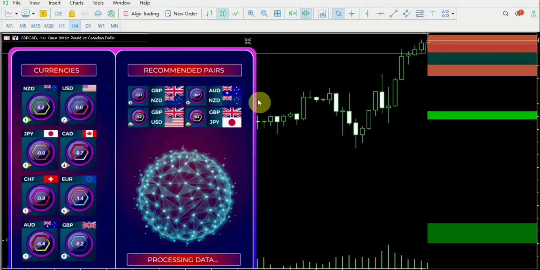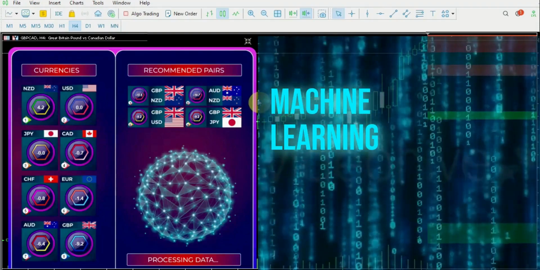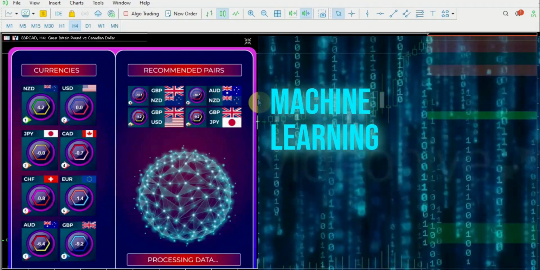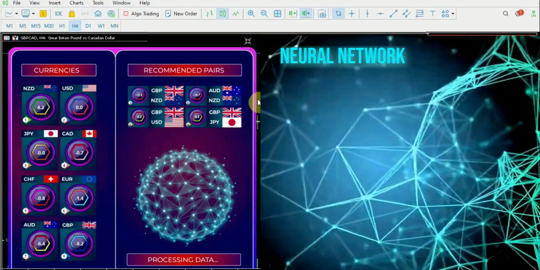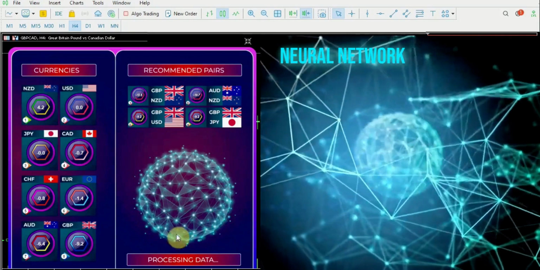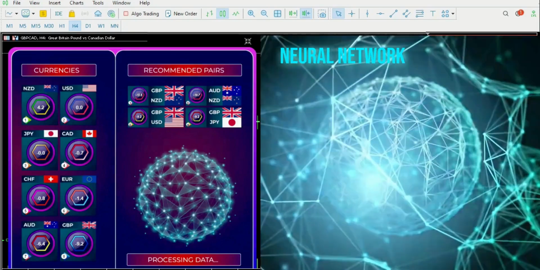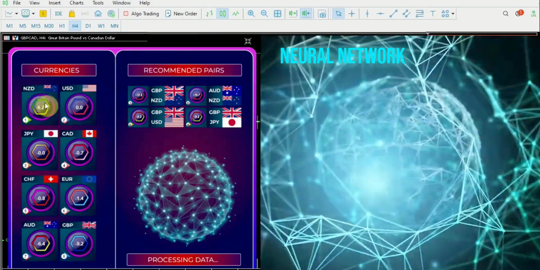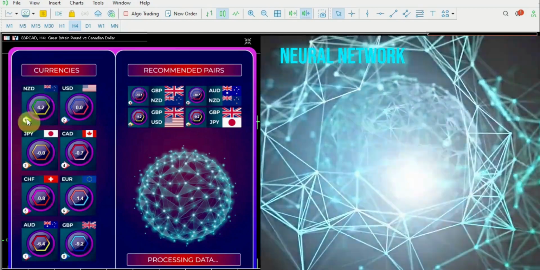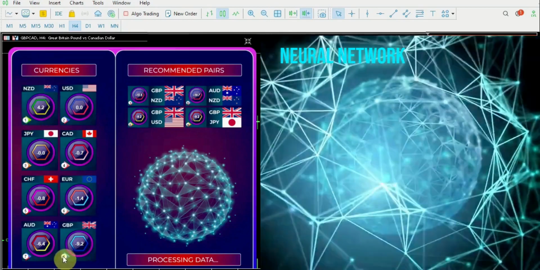And this utilizes machine learning and neural network programming to scan the entire Forex market and identify the best currency pairs to trade. The meter actively scans the market and recommends the most volatile currency pairs. And so it ranks them on their strength from the strongest up here at number 1 to the weakest down here at number 8, okay?